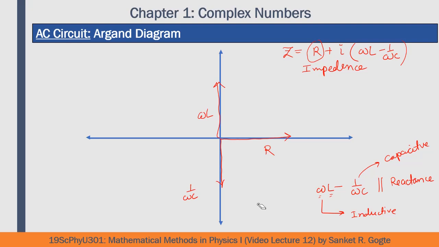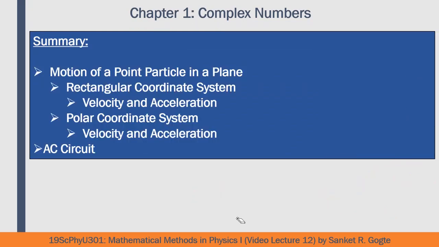Here we have come at the end of this lecture. This is the summary. We considered motion of a point particle, or equivalently we can say that we considered motion of center of mass of extended body in a plane, and we considered that first in rectangular coordinate system, and then we considered the motion in polar coordinate system as well.